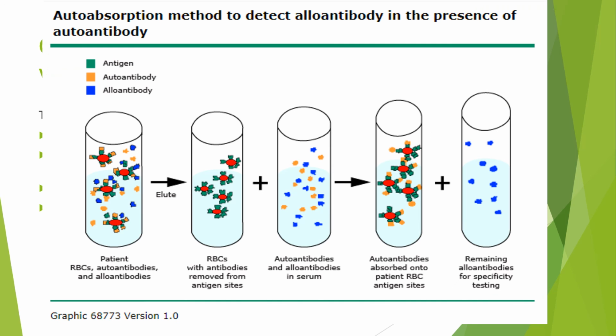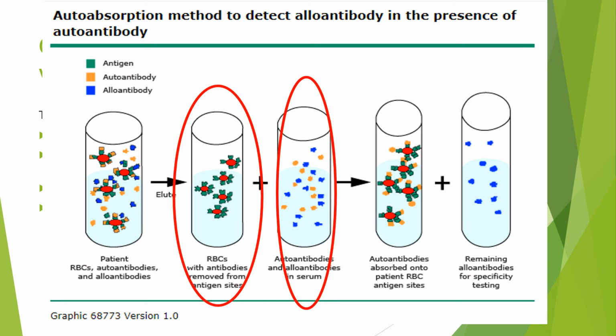Okay, let me explain a bit about elution and autoabsorption technique. The purpose of this technique is to separate autoantibodies that attach to patient red cells. Elution is done first to detach the autoantibodies. This will leave autoantibodies and alloantibodies in the plasma.